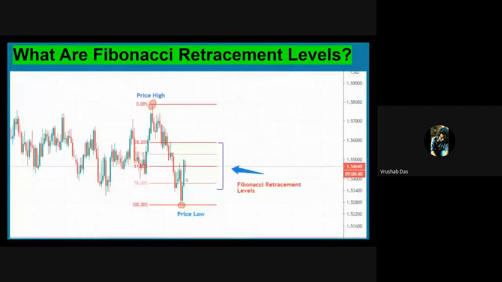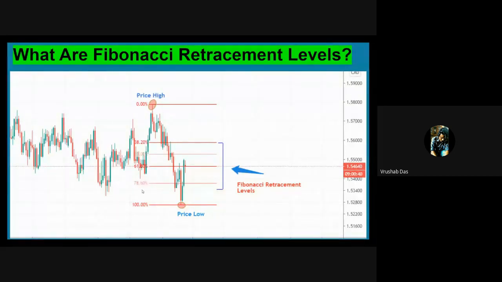After that, it can be drawn by dragging from the recent price high on a chart to the current price low. And after that, we can use it as a trading strategy.